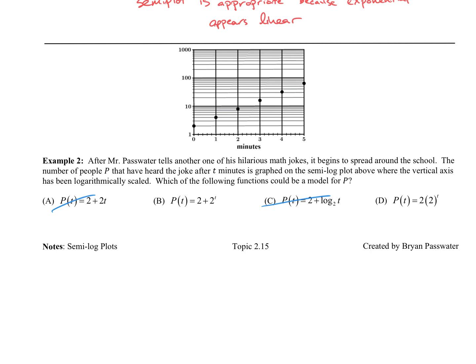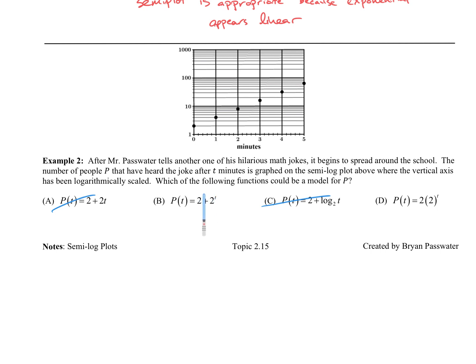This is the way that I personally would like you to go about this problem. Not all teachers will tell you to do it this way, but I think this is good enough for this class. I would like you to just substitute in. Right here, what would this ordered pair be? (0, 2). When I substitute in 0 right here, what do I get? 2 plus 1, because 2 to the power of 0 is 1.